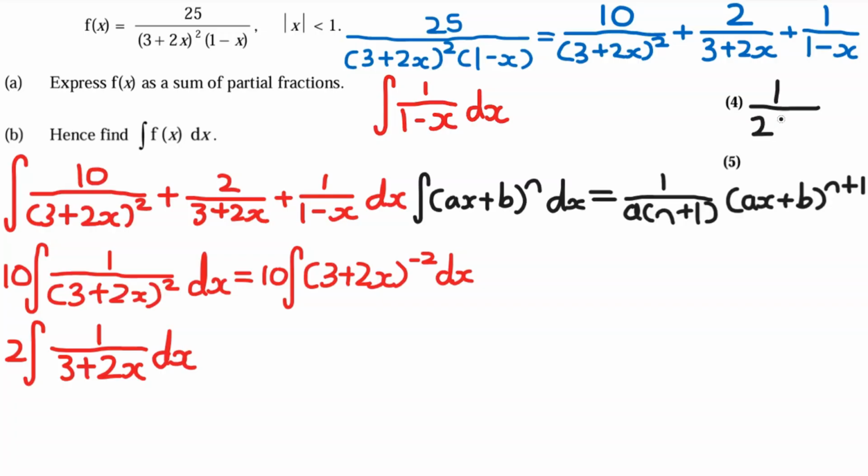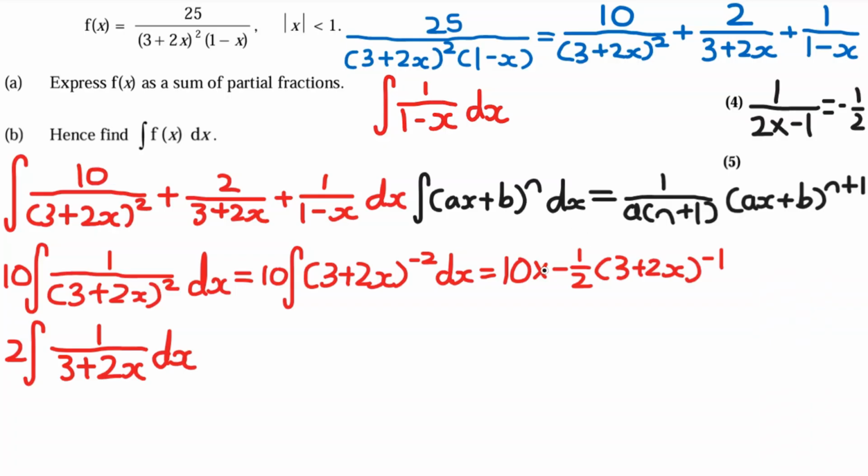So n here is minus 2, so if we add 1 to this it's going to be minus 1, and then 1 over 2 times minus 1 is equal to minus a half. Then it's going to be this (3 plus 2x) to the power of n plus 1, which is equal to minus 1.